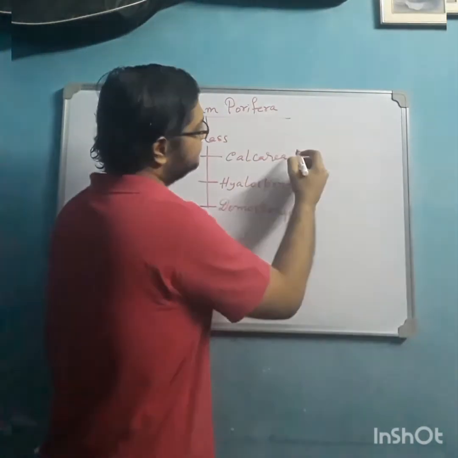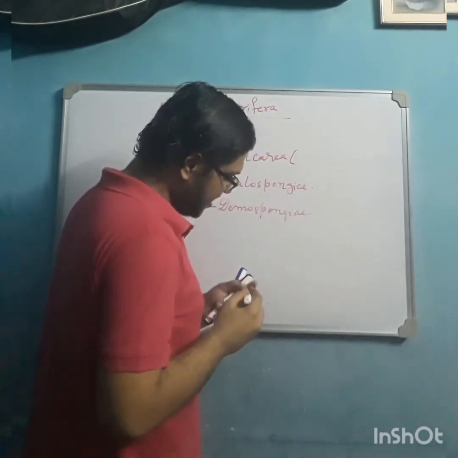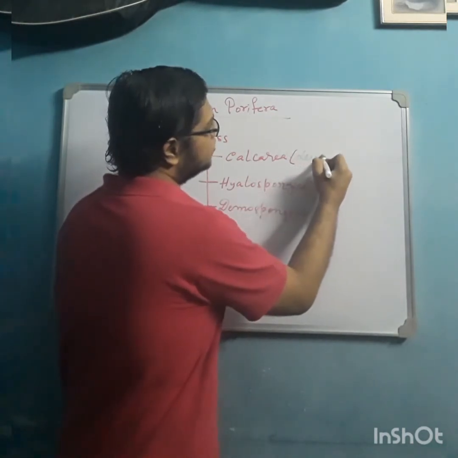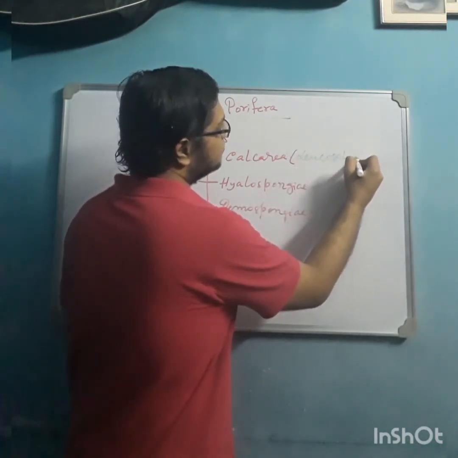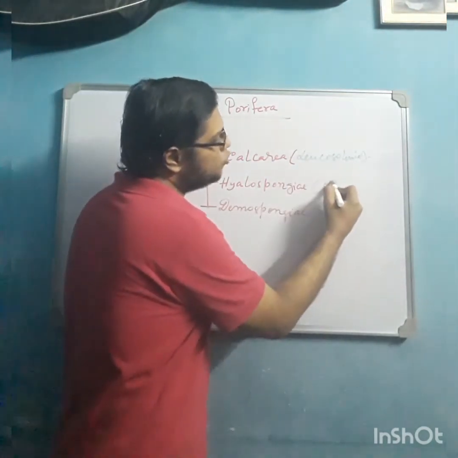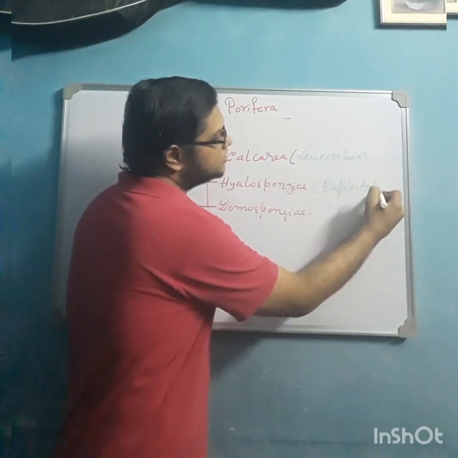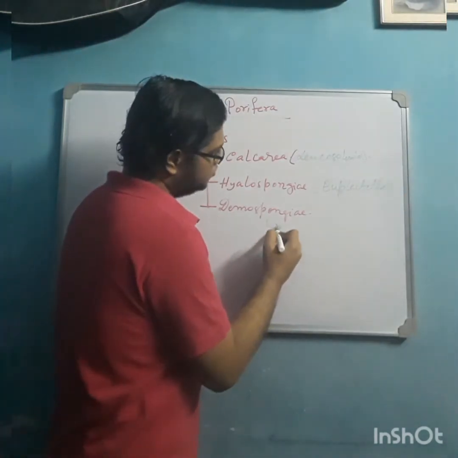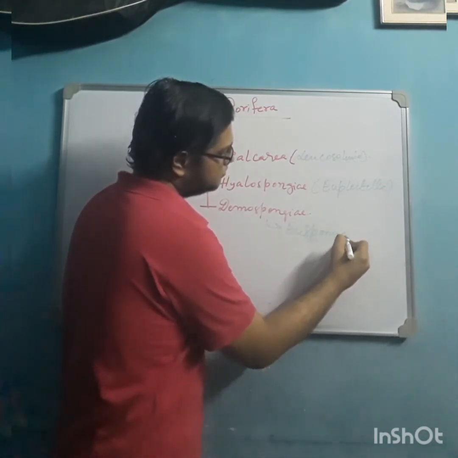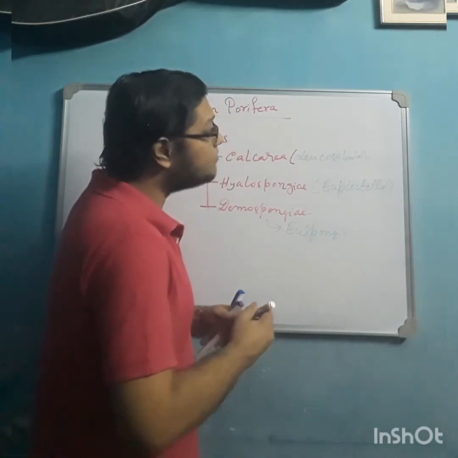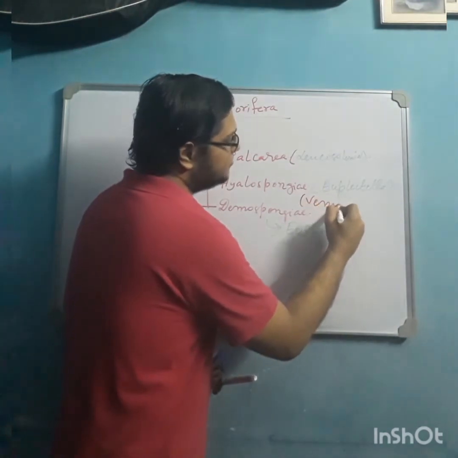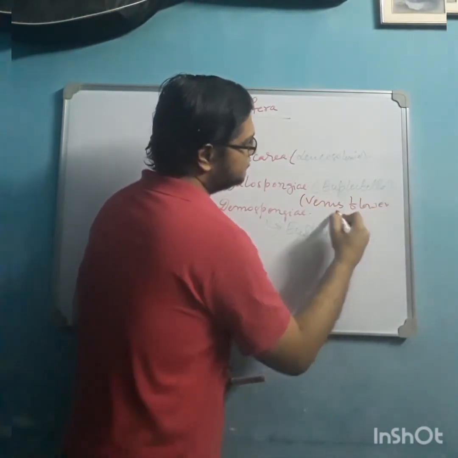What are the examples? Example of class Calcarea of phylum Porifera is Leucosolenia. Example of Hyalospongiae is Euplectella. Example of Demospongiae is Euspongia. Do you know another name of Euplectella? The other name of Euplectella is Venus flower basket.